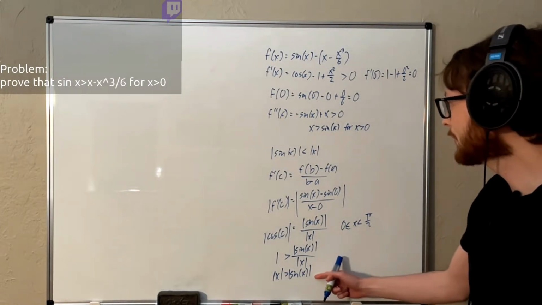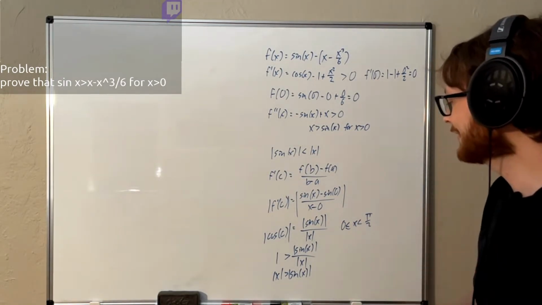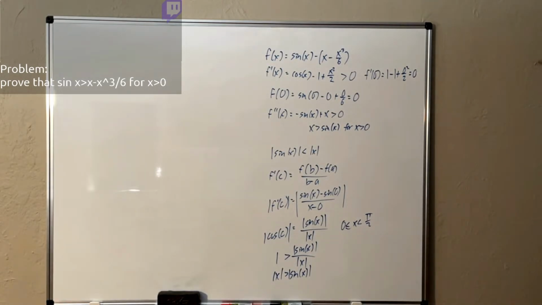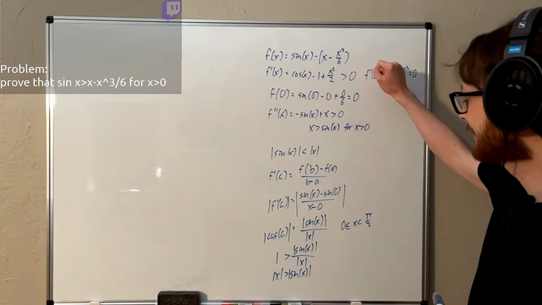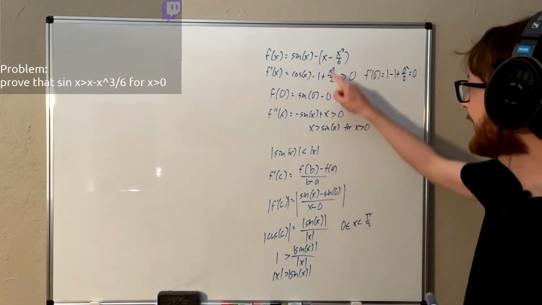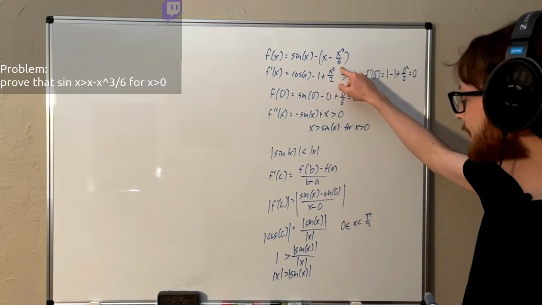And I think this would build up the layers from this second derivative argument. Or no, I guess you can even just go directly from this to, we have x minus a positive number.